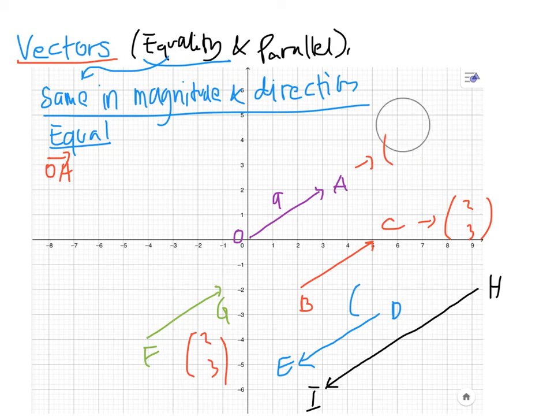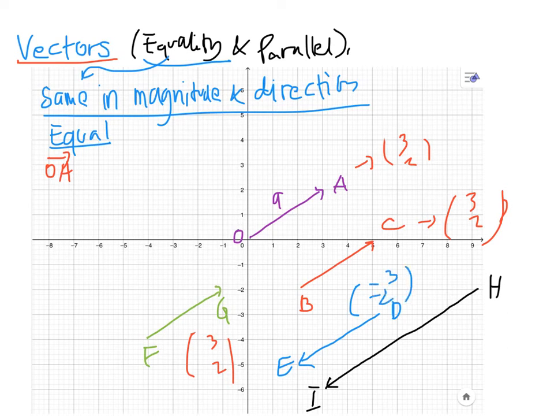Sorry, my bad. It's not 2, 3. Why is it always 2, 3? It should all be 3, 2. 3, 2, 3, 2, 3, 2, and then the blue one, the DE, is negative 3, negative 2, and then the black one, the HI, is negative 6, negative 4.